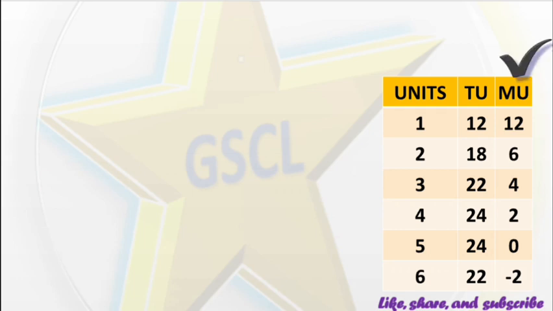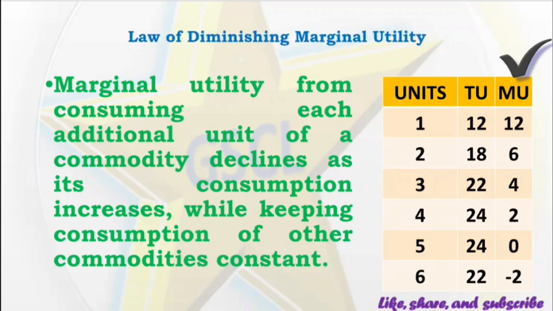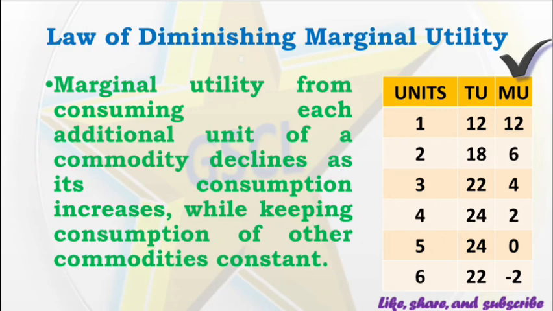Notice here that marginal utility decreases from 12 to 6, from 6 to 4, from 4 to 2, and from 2 to 0, and further becomes negative. Marginal utility from consuming each additional unit of a commodity declines as its consumption increases, while keeping consumption of other commodities constant. This is called the law of diminishing marginal utility.